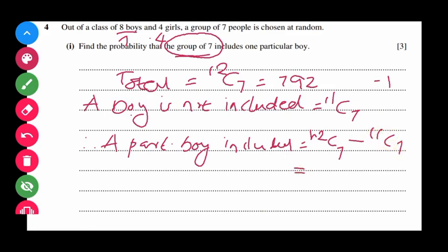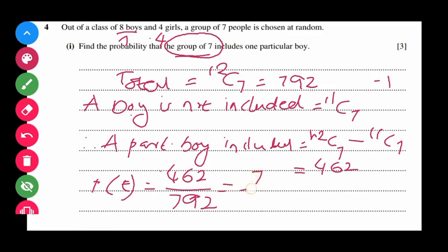Which is equal to 462. Therefore, the probability of the event is 462 divided by 792. As a result, if you simplify this, we get it as 7/12.